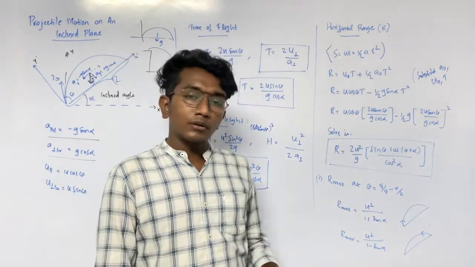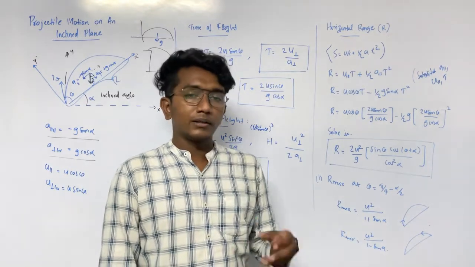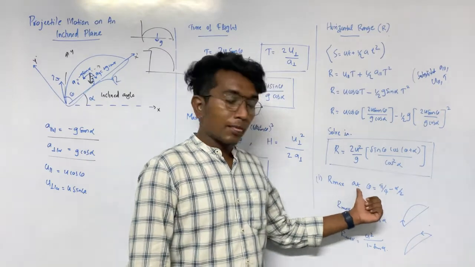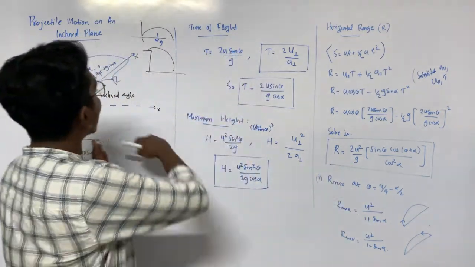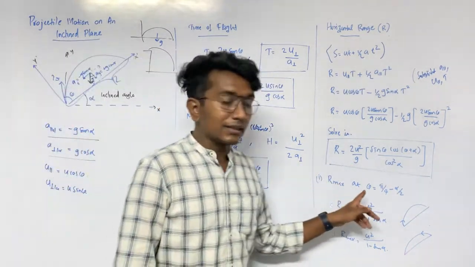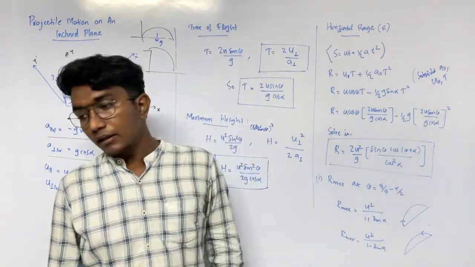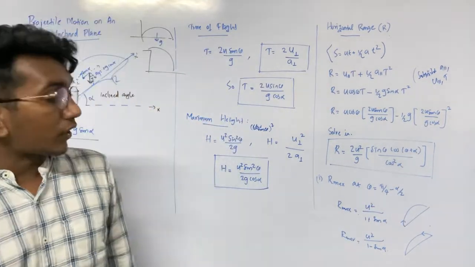So I'm not going into too much detail. Look at this. R maximum, the maximum range, occurs when theta is pi by 4 minus alpha by 2. Always remember pi by 4 minus alpha by 2.